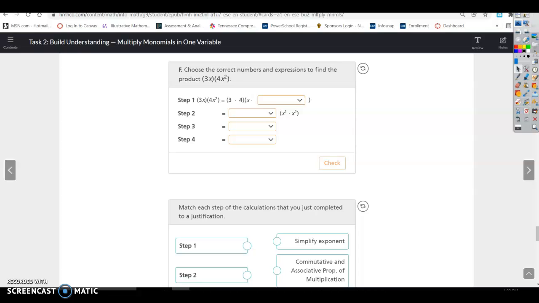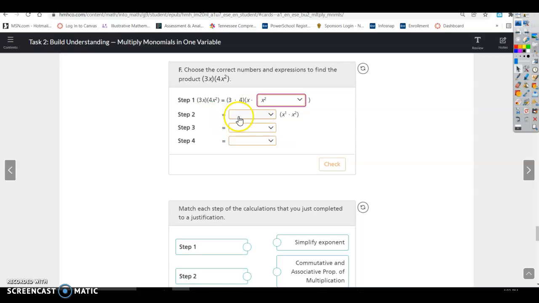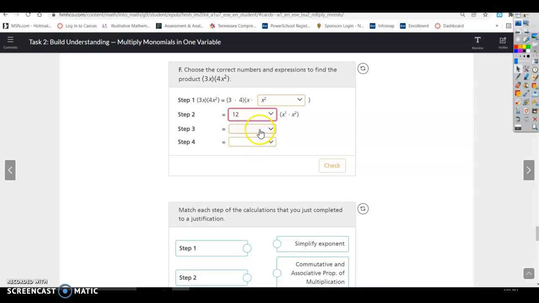All right, choose the correct number and expressions to find the product. So again, they rearranged this, and we got x times x squared. And here we've got 3 times 4, which is 12. And then here we go, 12 and x to the third. Oh, well, they add the exponents.